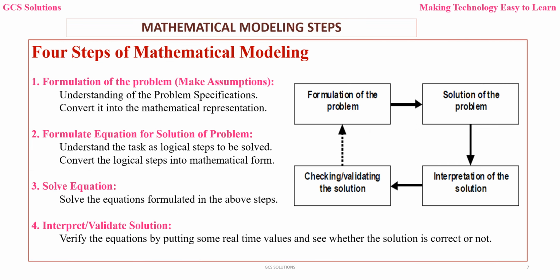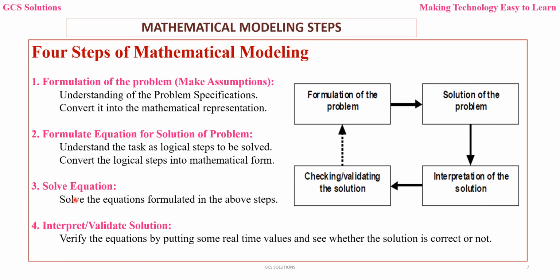The 4 steps of mathematical modeling are: formulation of problem, that is making the assumptions, then formulate equation for solution of the problem, then solve those equations, and then interpret and validate the solution. If your solution is correct, then the process stops. Otherwise, you have to again step back to step number 1, then 2, then 3, then 4. This way, this cycle repeats.